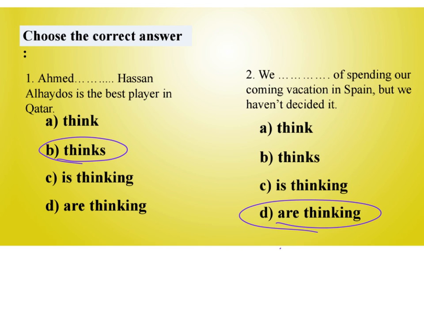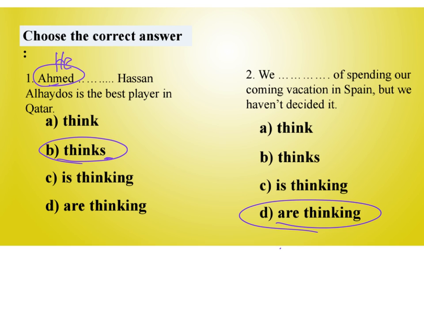So, thinks here expresses an opinion. So, we will use the present simple tense. Think or thinks? Ahmed, he. So, we will add S to the verb. Ahmed thinks. Here, in this example, Ahmed expresses his opinion.